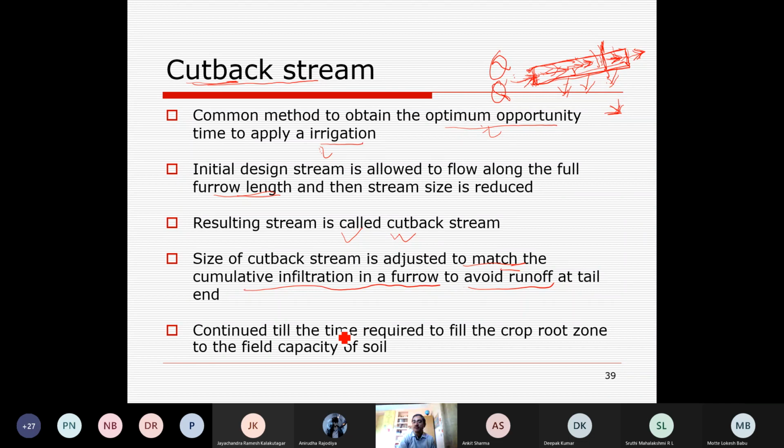It is continued till the time required to fill the crop root zone to the field capacity of the soil, so that we have the desired depth of water applied in the channel.